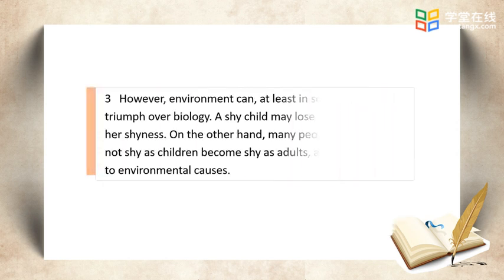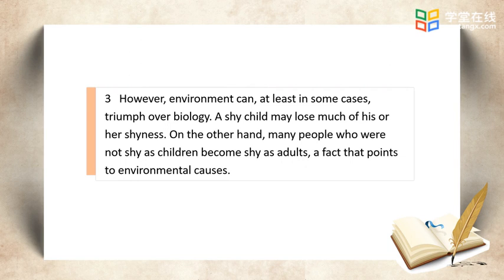Paragraph 3 seems quite different from paragraph 2. It mentions a new type of cause, environmental causes, but doesn't provide support for the idea. So, what's the function of this paragraph? It's question 5, isn't it? Now, let's pay attention to 2 sets of words and expressions here.